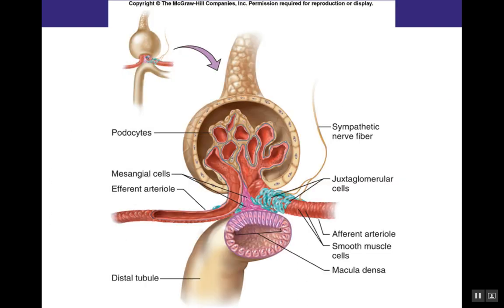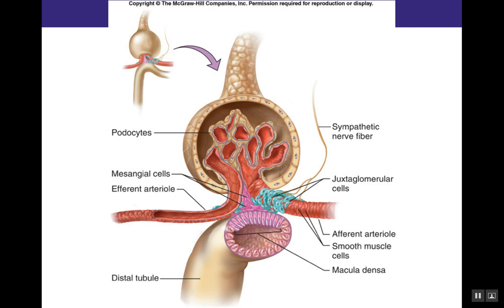Let's review the anatomy here before we go on and talk about tubuloglomerular feedback. What's important with this slide is to understand the macula densa cells. You can actually see that within the distal tubules. These macula densa cells are specialized epithelial cells that detect the flow through the distal tubule.